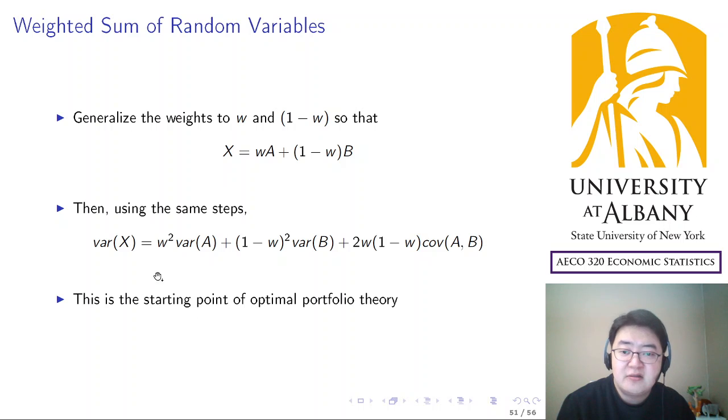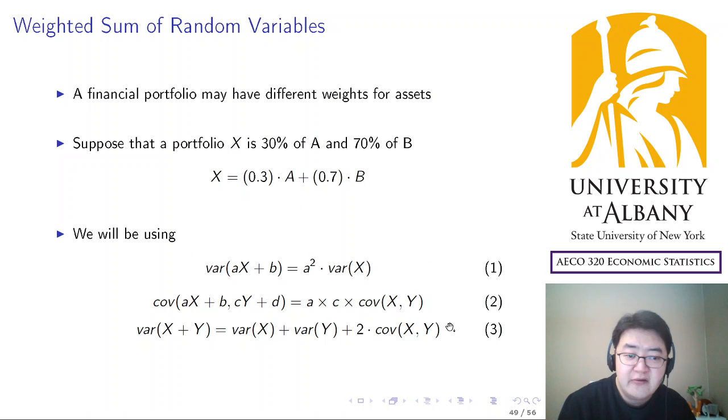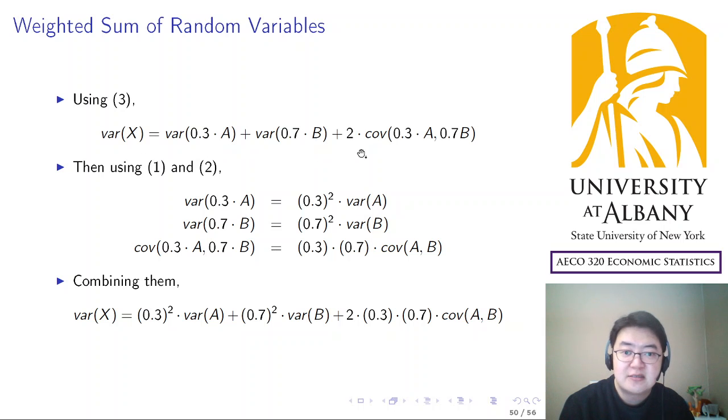Then apply formula number 3. The variance of 0.3A plus 0.7B equals the variance of 0.3A plus the variance of 0.7B plus 2 times the covariance of 0.3A and 0.7B. X is replaced by the first part in front of the plus sign, and Y is replaced by 0.7B. Simple plug-in. Then you get this.